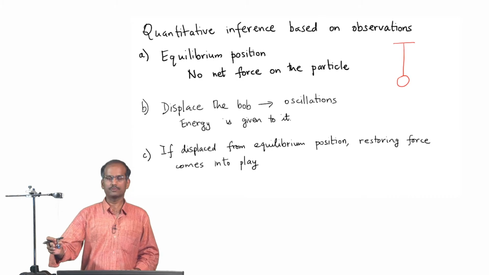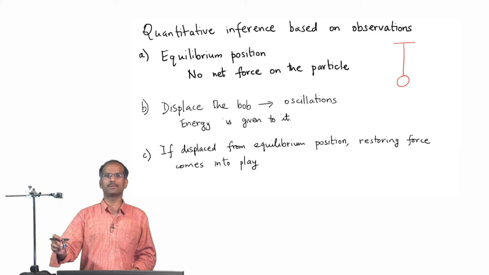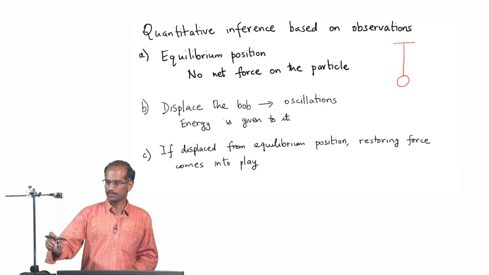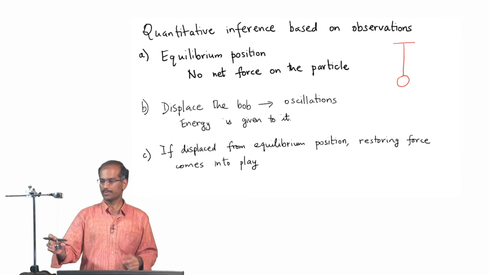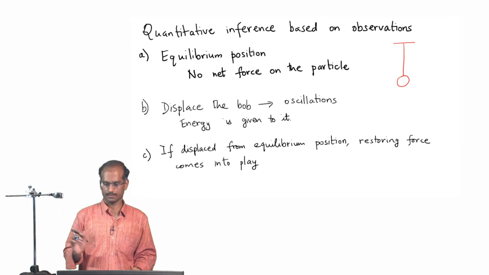So, restoring force basically comes into play when there is slight displacement away from the equilibrium position. And we should also note another crucial thing. If my displacement is in this direction, the restoring force is in the other direction. So, the displacement and the restoring force are oppositely directed.